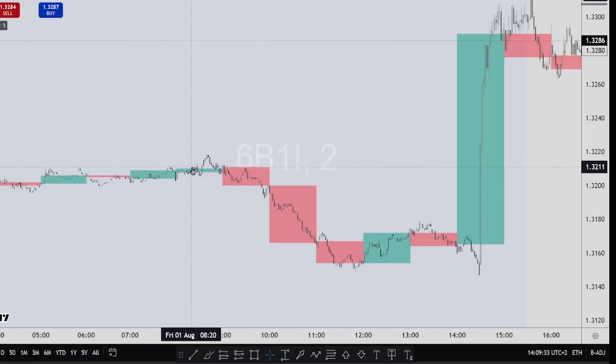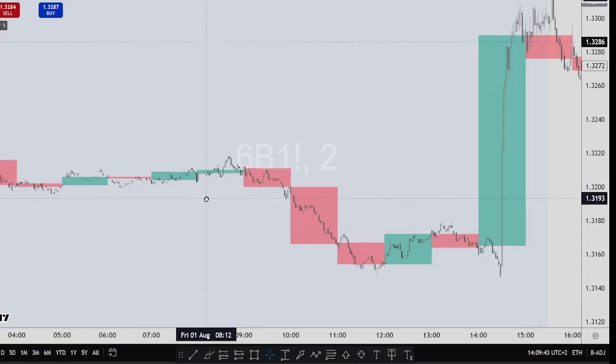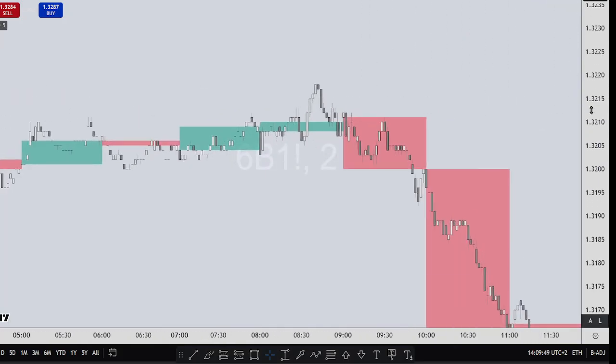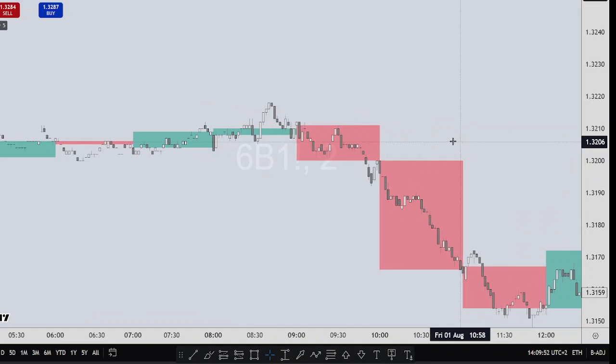If we start here 9 o'clock, we start here 8. This is where I start London. Remember, I said London didn't have any signals, but we reversed. Okay, let's get into that. This is a 2-minute chart. The man said he was looking at 1 minute, whatever.